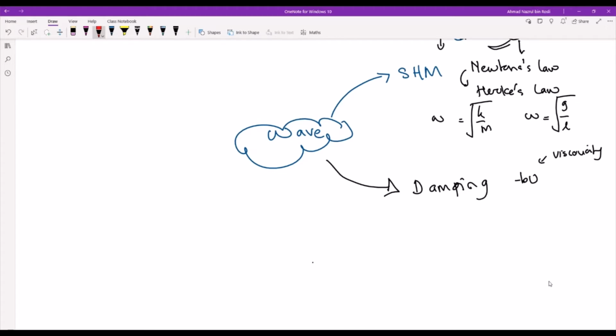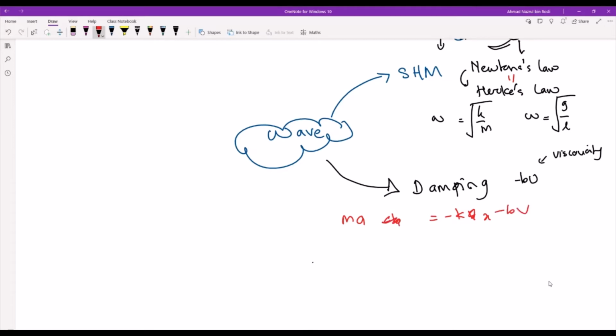Remember, you can set Newton's law equal to Hooke's law. This one is equal, but right now we have another term, minus bv. Newton's law is ma, and Hooke's law, for example for the mass-spring system, is minus kx.